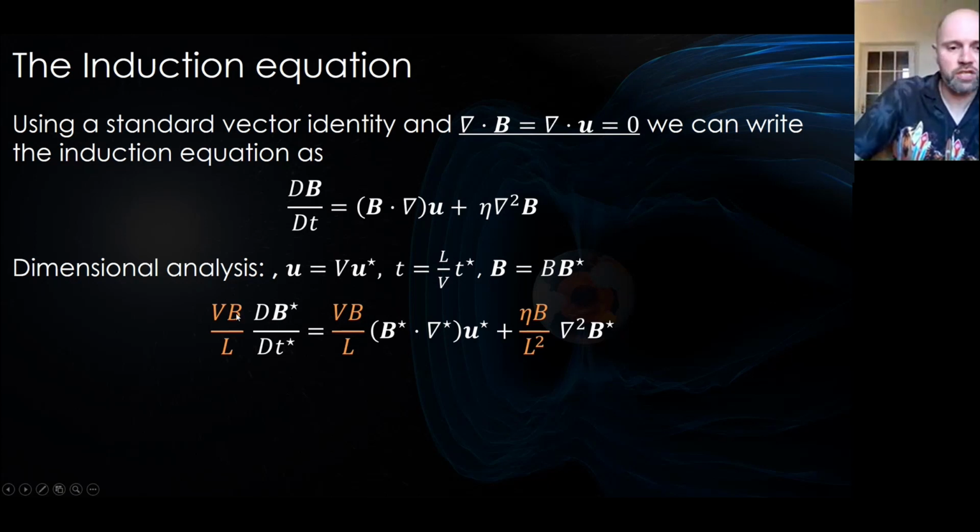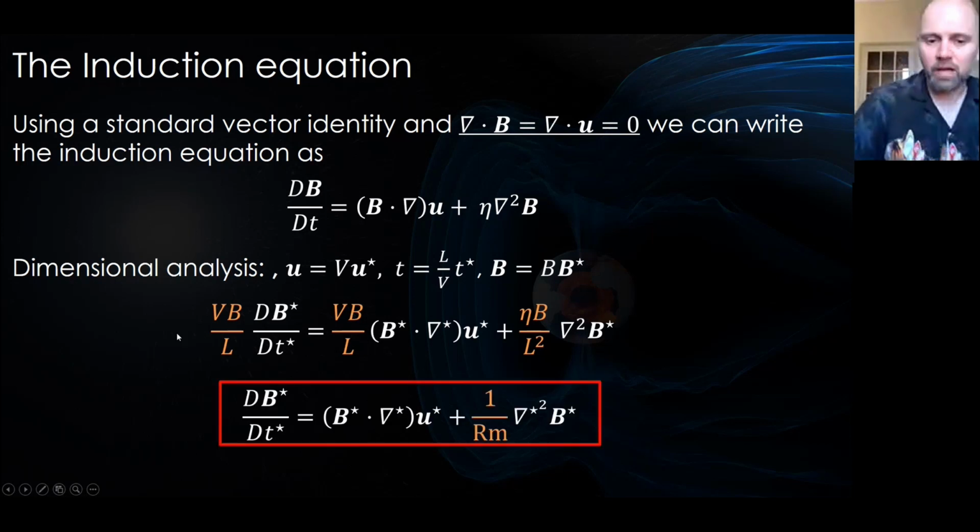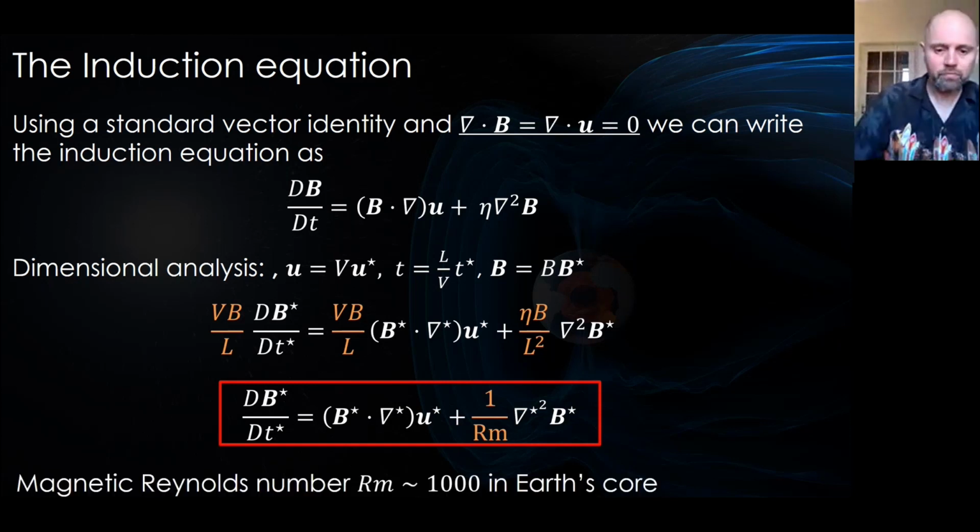into the induction equation, you get a set of dimensionless terms, and you get a single dimensionless number that pops out, this thing called Rm, which is the magnetic Reynolds number. It's exactly like the Reynolds number that you know and surely love, except that it's got this magnetic diffusivity eta in rather than the kinematic viscosity.